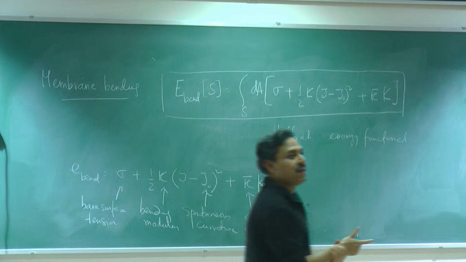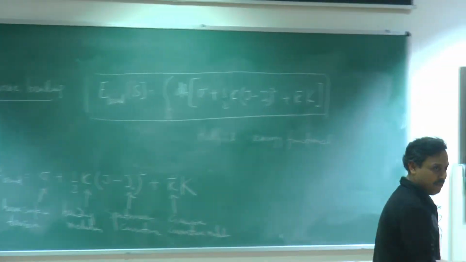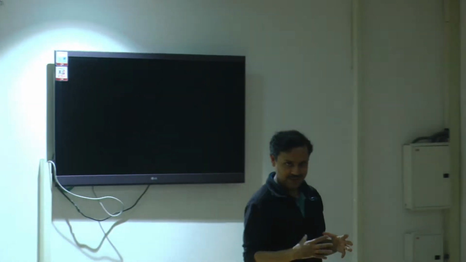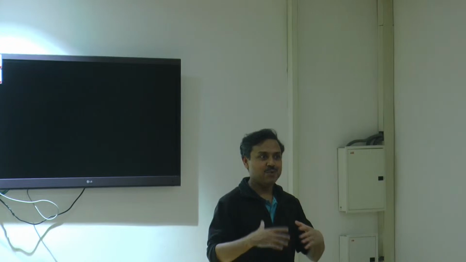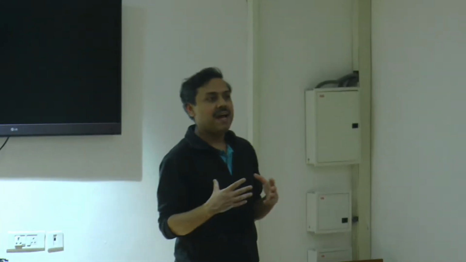Number two, and that's also very important. That's what Tripta does a lot of times, which is to look at vesicle fluctuations. Look at a vesicle and look at thermal fluctuations of this. And the natural question is, how can I find that out? Where from will I work that out?